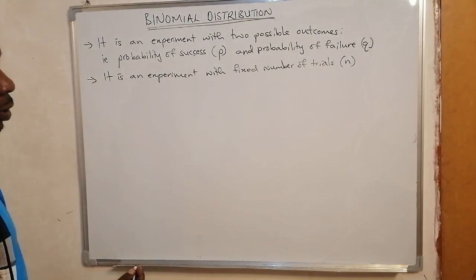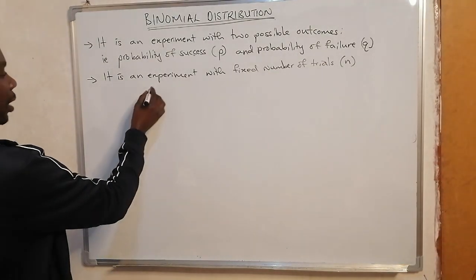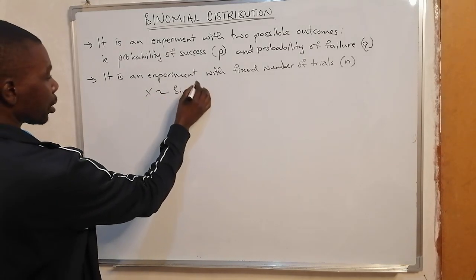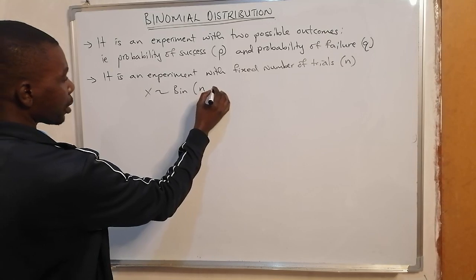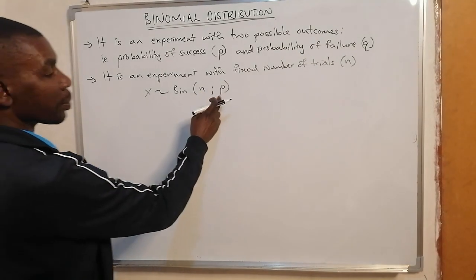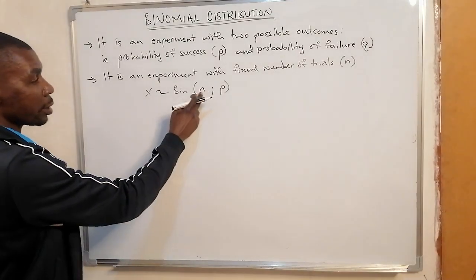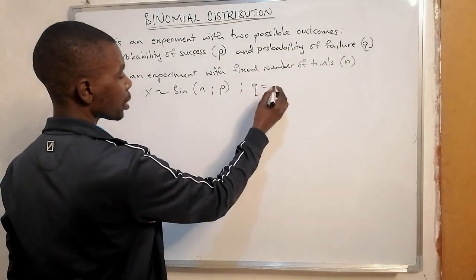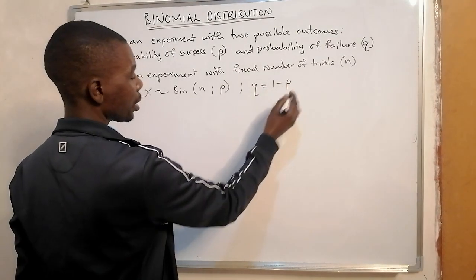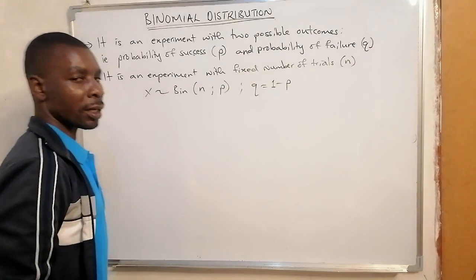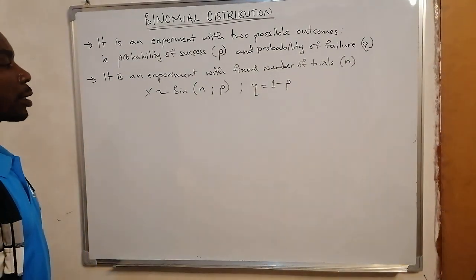So the distribution is written as follows: X follows binomial distribution with N and P. So this is the probability of success and this is the number of trials. Then when we want Q, we use Q equals 1 minus P, since probability of success and probability of failure add up to 1, right?